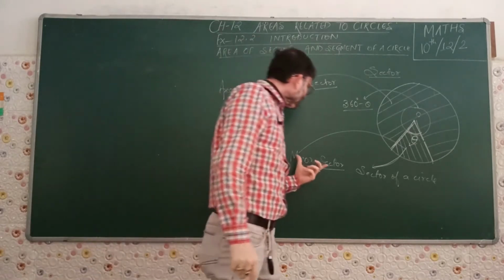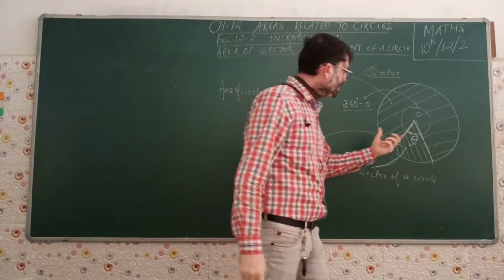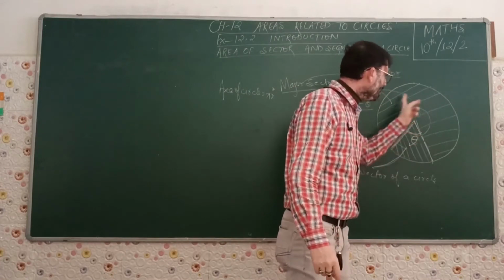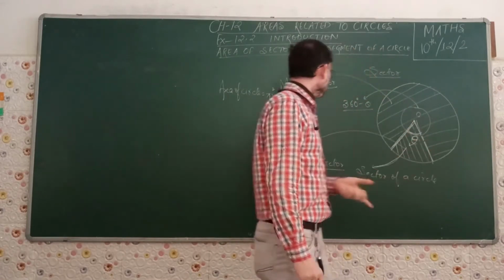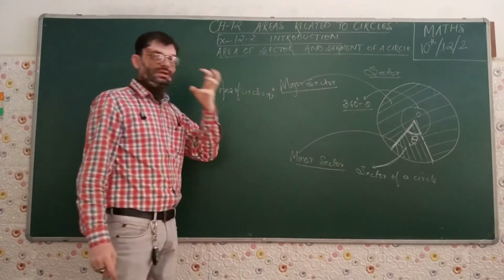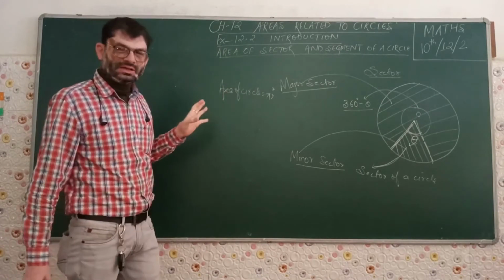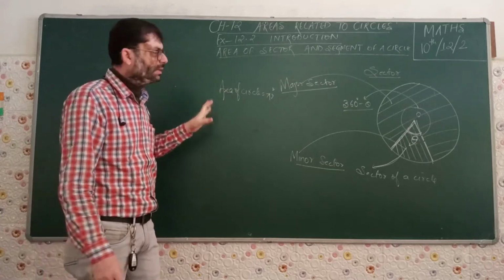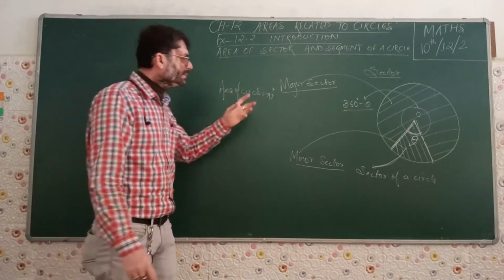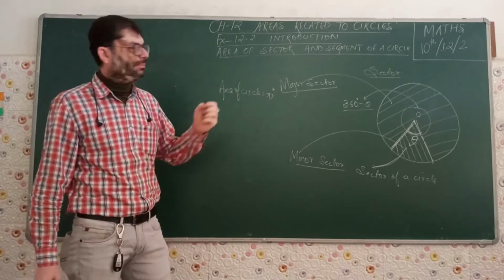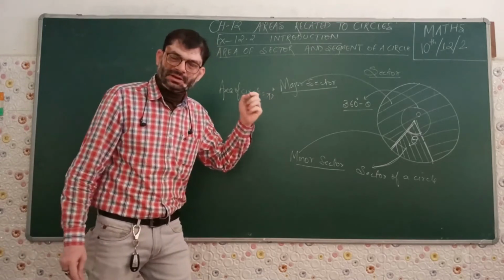That means if the minor sector is taking a part of theta from the whole 360 degrees, this area is for the whole angle, that is 360 degrees, where there was no partition, where there were no sectors formed. It was a complete circle. That means the angle was 360 degrees at the center O.